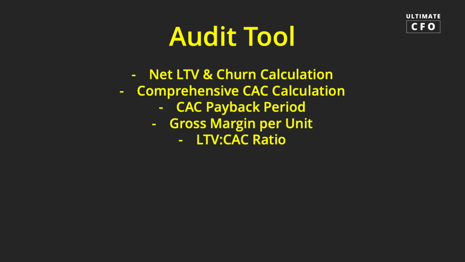LTV to CAC ratio obviously is important, and the benchmarking compared to your numbers. And then finally, unit economics visibility. So how do you assess unit economics, and are you revisiting your unit economics strategy on a regular basis? All of these are part of the self-assessment tool. I invite you to download it and fill it in. Let me know any kind of outcomes or questions you have. Happy to get those comments.